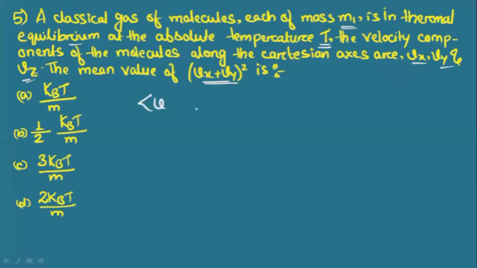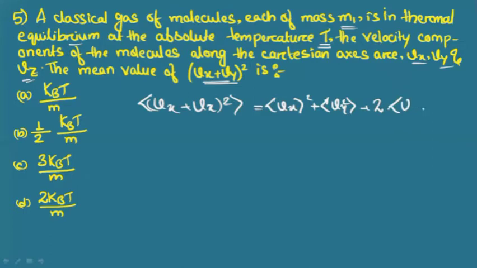So the mean value is written as Vx plus Vy whole square, its mean value. So directly you can use the a plus b whole square formula. It will be Vx square plus Vy square plus twice, I'm writing individually, Vx Vy. We already know this is 0, so this entire term will be 0. And here you will have Vx square.